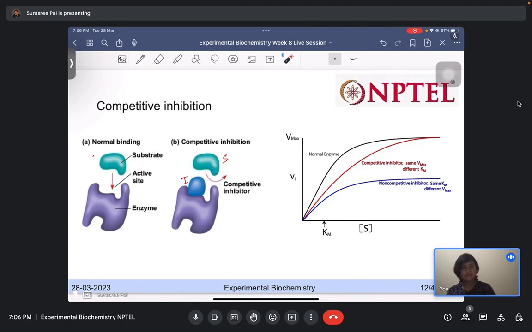So why is this Km value increasing? This Km actually denotes the affinity of the enzyme for the substrate, right?